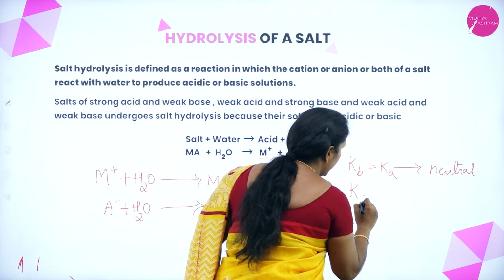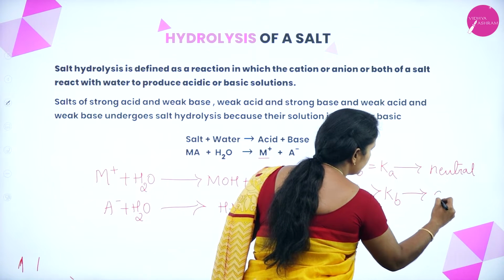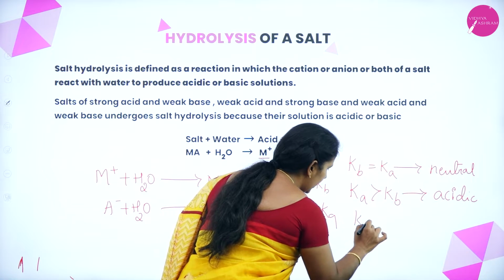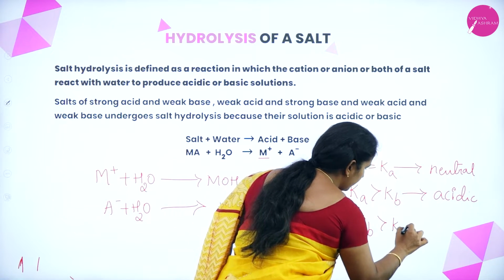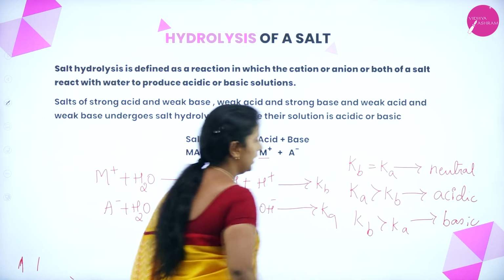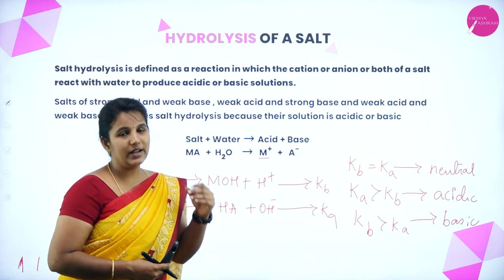Suppose the Ka value is greater than the Kb value, then the solution is said to be acidic. Suppose the Kb value is greater than the Ka value, then the solution is basic in nature. This is how I can understand salt hydrolysis.